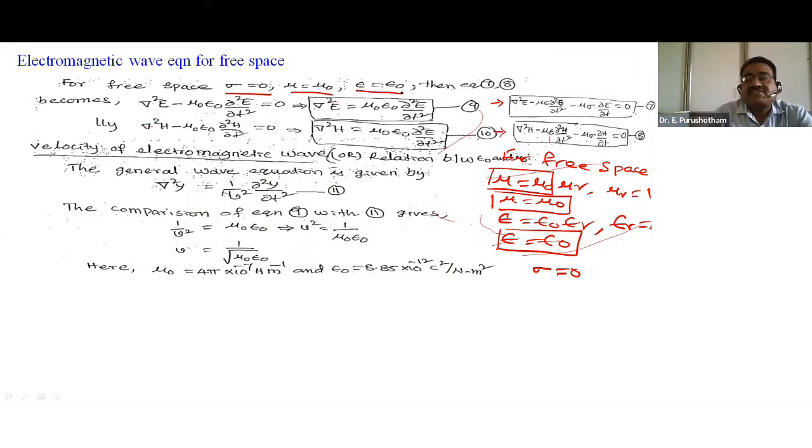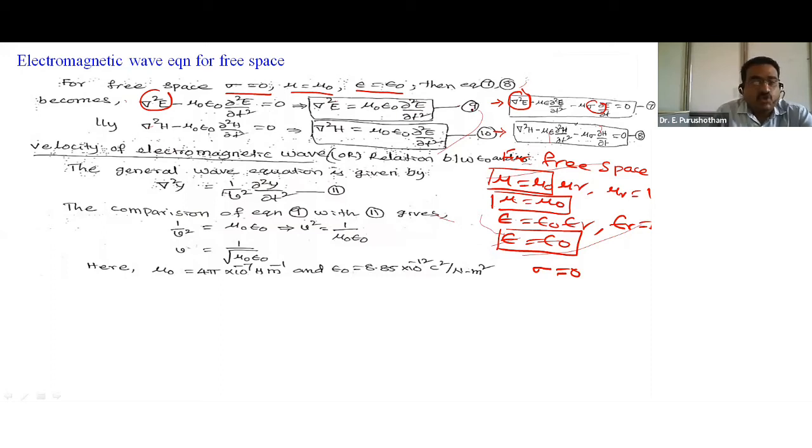Then equations 7 and 8 become: del square E as it is, at the place of sigma this is 0, remaining mu naught epsilon naught dou square E by dou t square is equal to 0. Or we can write del square E is equal to mu naught epsilon naught dou square E by dou t square. This is equation number 9.